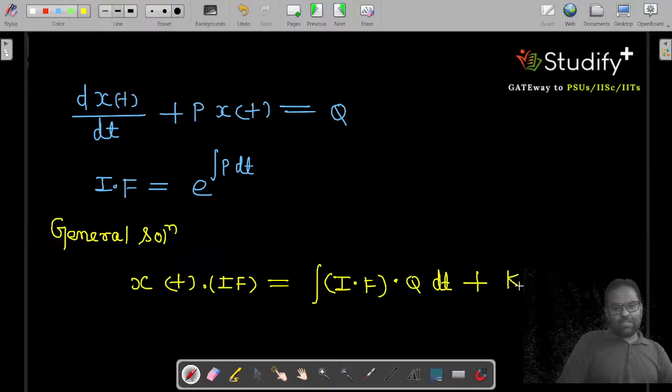So this is our complete general solution for the equation. I hope this is clear.